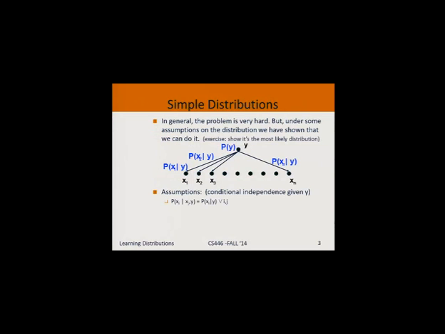So here is one example that we've seen, just looking at it slightly differently. We already looked at one family of representations for probability distributions. This is the naive Bayes example. We had one variable y.